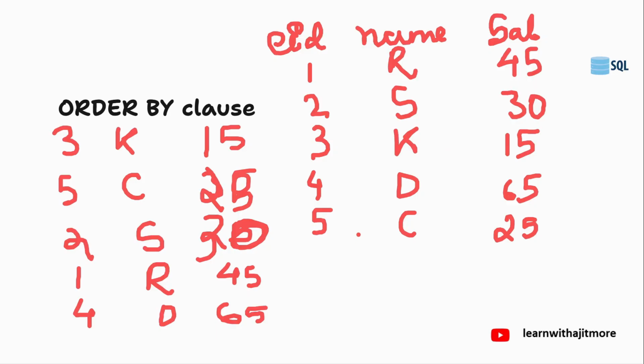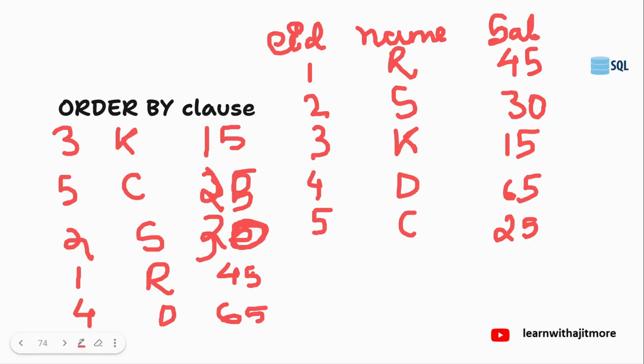You'll say a scam has happened in the database. Ram's salary was 45 and he is going to get 25 now because only salary got rearranged. So please remember, when you're sorting on some column, only the values of that column don't get sorted. Along with that, the other column values also get reorganized or shuffled.